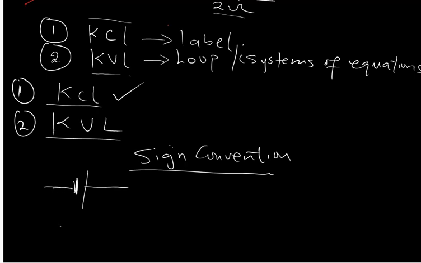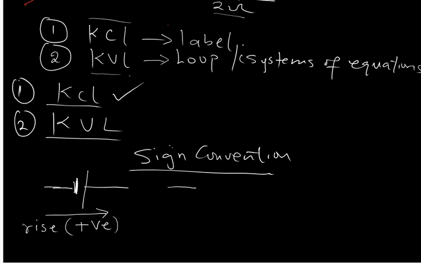If we are looking at a flow from negative to positive, it is a rise in potential, and since it's a rise in potential, it will have a positive sign. But if it is in the opposite direction, from positive to negative, it is a fall in potential, so we are going to apply a negative sign.